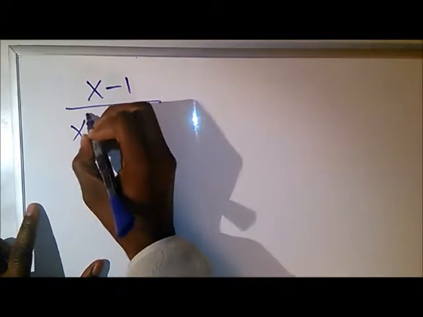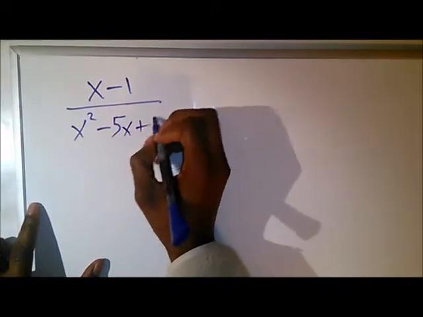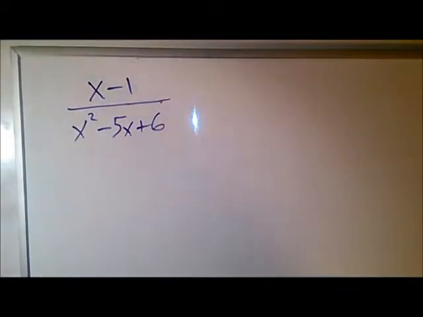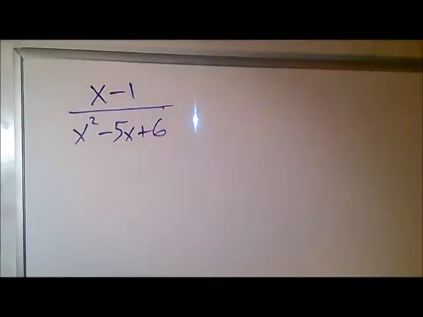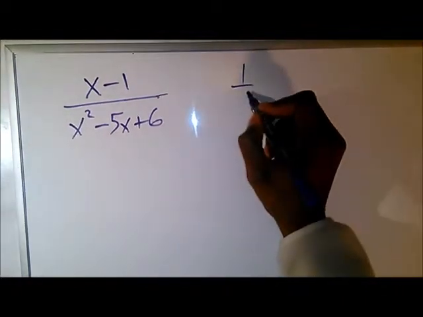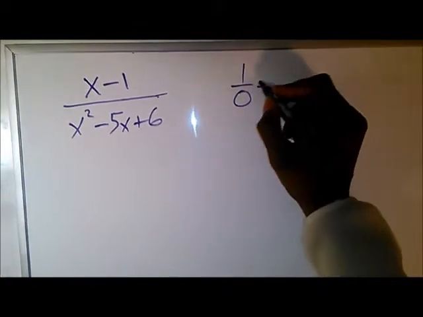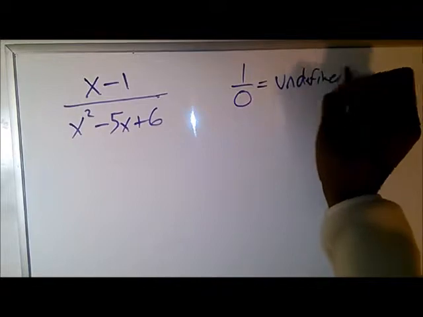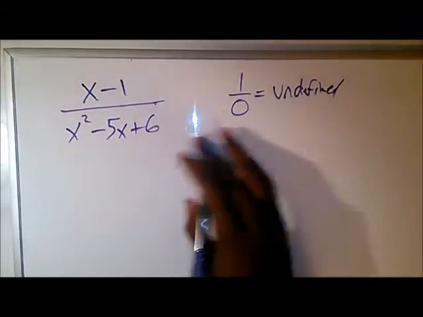You have x squared minus 5x plus 6. When you're finding the domain of a function, you have to ask yourself two questions. Could there be division by 0? If 0 is in the denominator, this will be undefined.